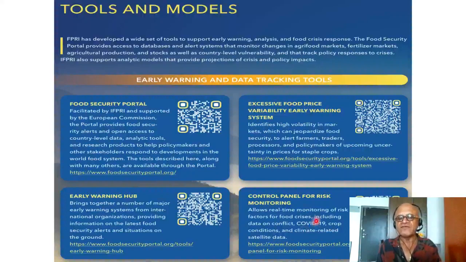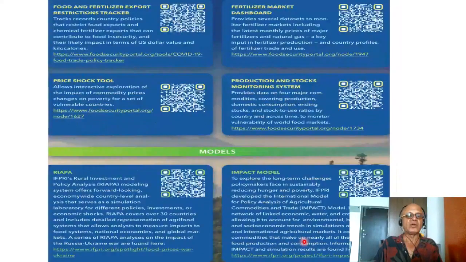A control panel for risk monitoring, so a dashboard literally, allows real-time monitoring of risk factors for food crises, including data on conflict, COVID-19, crop conditions, and climate-related satellite data. So it gives you a multi-item data set to look at your own food security and what decisions you may have to make. Obviously, these are very critical for all the poor countries.